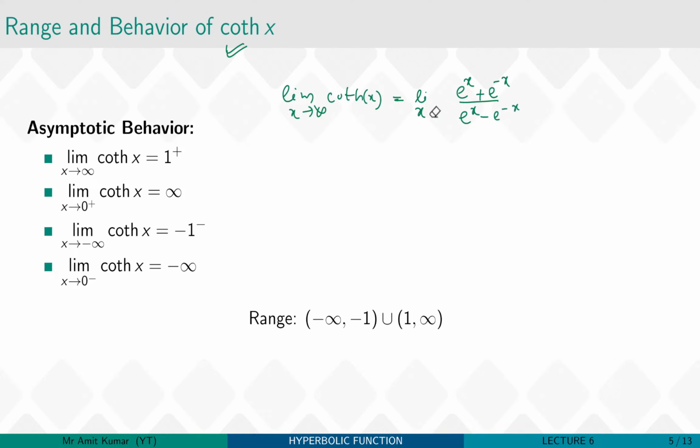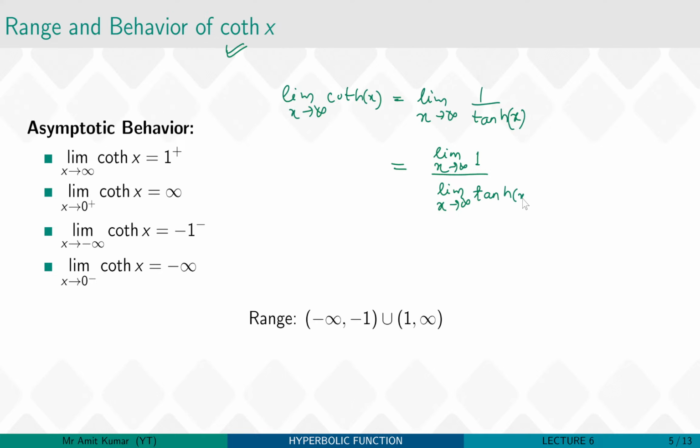Or simply, we can write coth x as 1 by tanh x. Now we distribute the limit: limit as x tends to infinity of 1 divided by limit as x tends to infinity of tanh x.